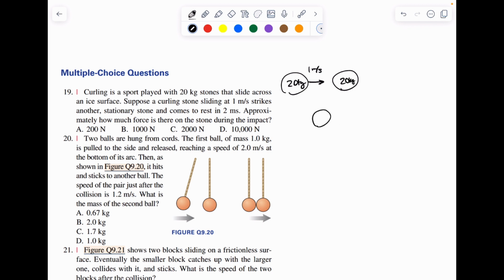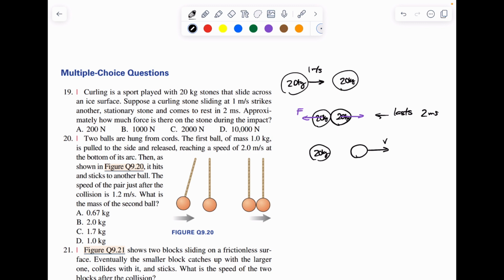And the moment they're in contact, this is the moment where they're exerting those equal and opposite forces, and that moment lasts 2 milliseconds. So it's a very short amount of time, after which the first stone is now stationary, and the second stone is now going off with some speed.